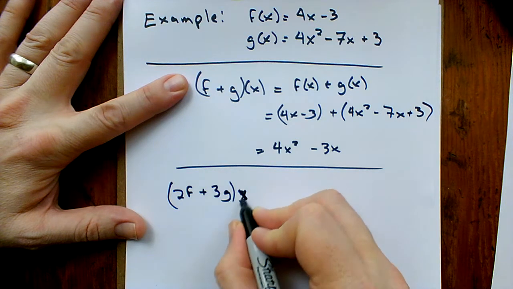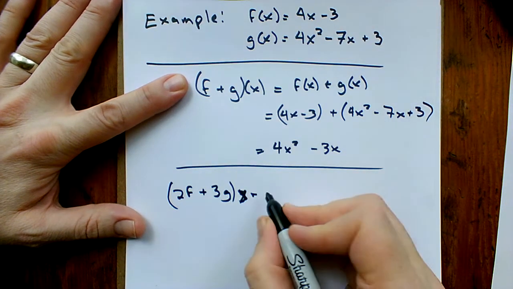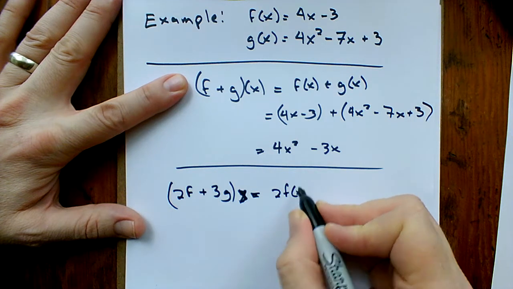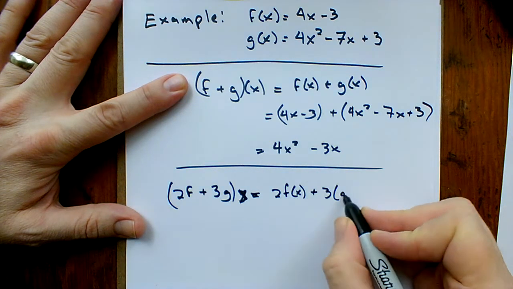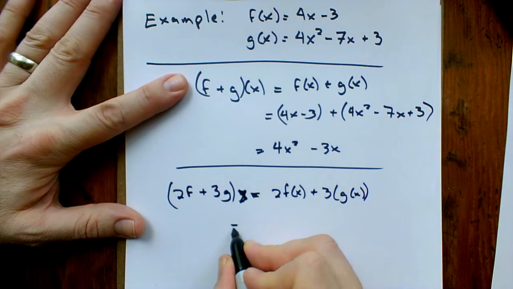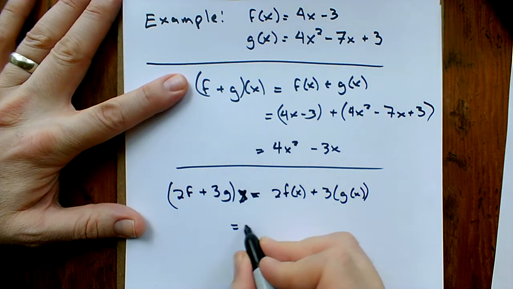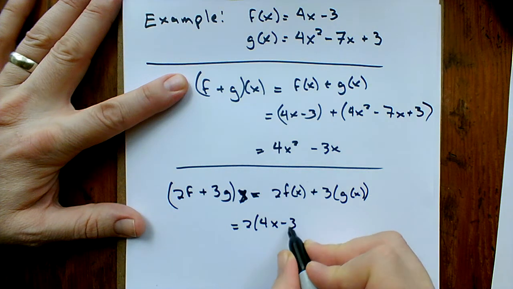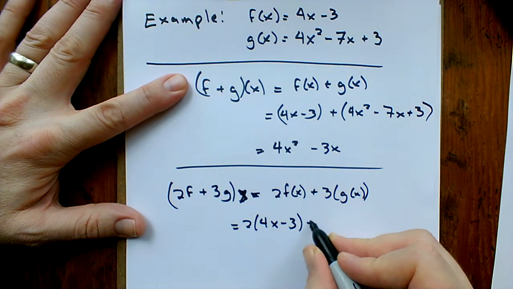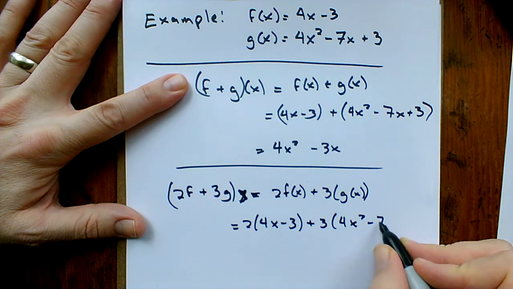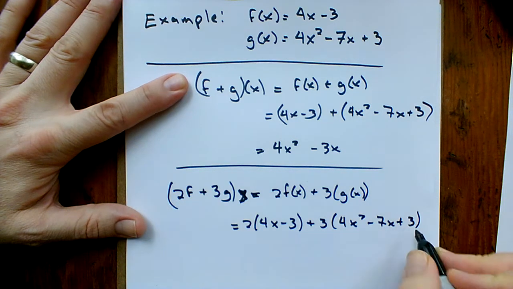That means I would take 2 of these f of x's plus 3 of these g of x's. So my f of x is 4x minus 3, so it's going to be 2 times my 4x minus 3, and my g of x is that 4x squared minus 7x plus 3.